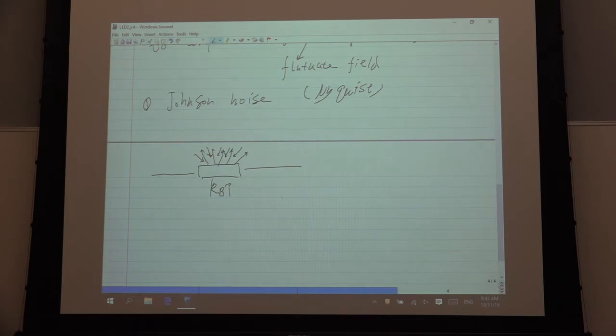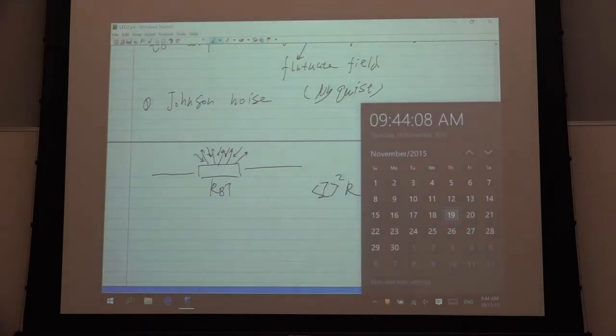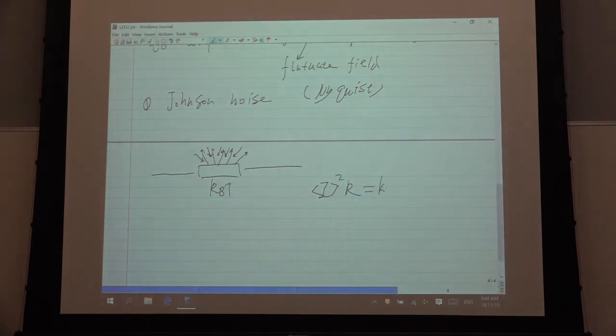So the fluctuation current, the expectation value of current squared times R is a power, just kBT classically, just kBT df. So in a broadband noise frequency, just kBT delta f.